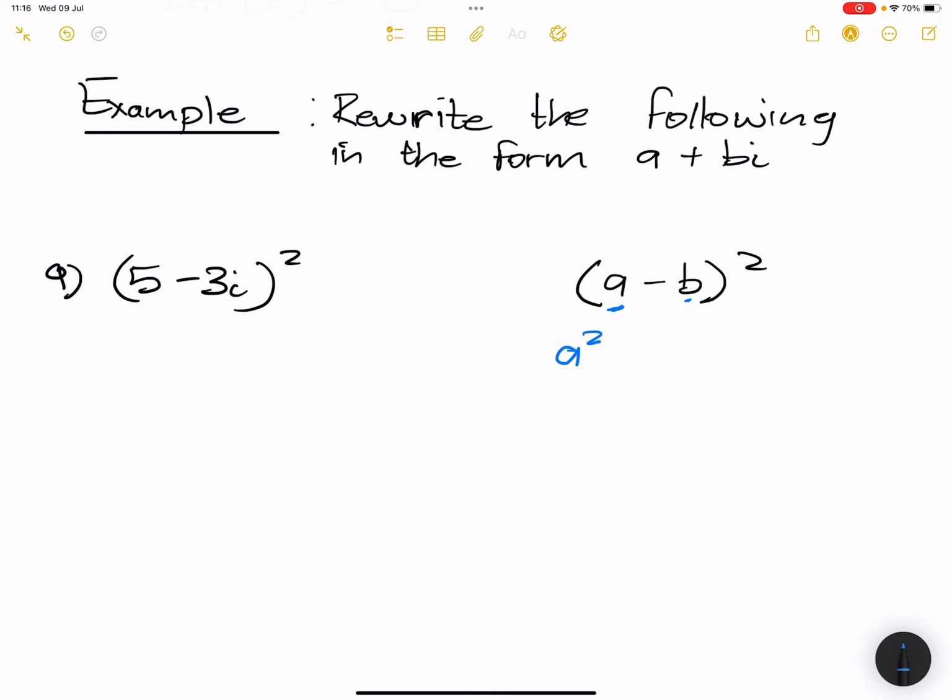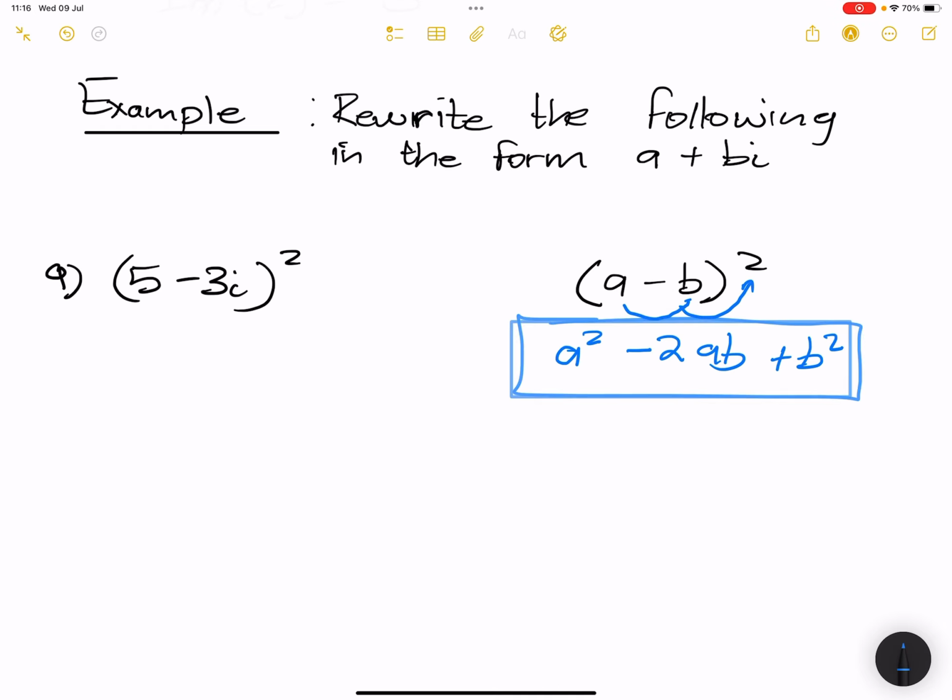And I take the square of the last term, minus b times minus b, that's plus b squared. For the middle term, I multiply the two terms together, a times negative b, that's negative ab, and you multiply by 2. So please don't forget to multiply by 2. So that's negative 2ab. It always helps you to work things out much quicker.